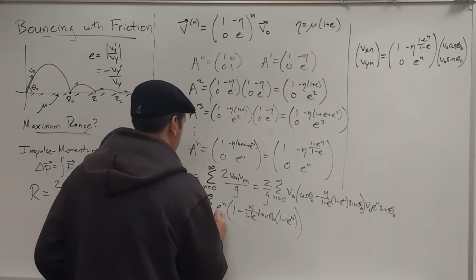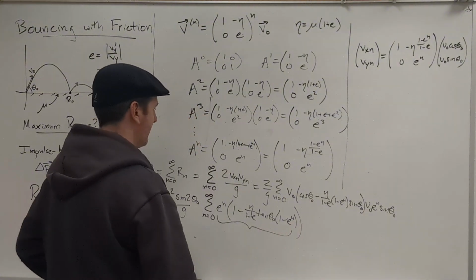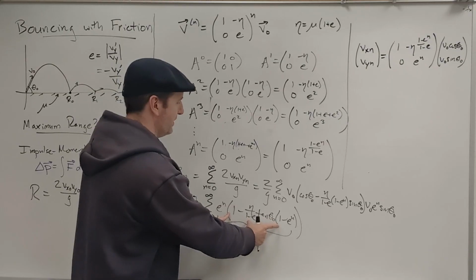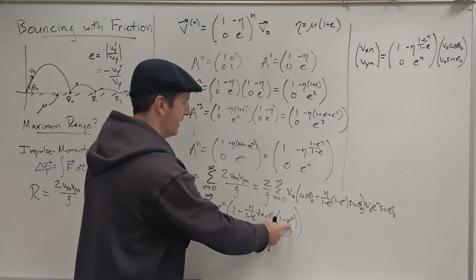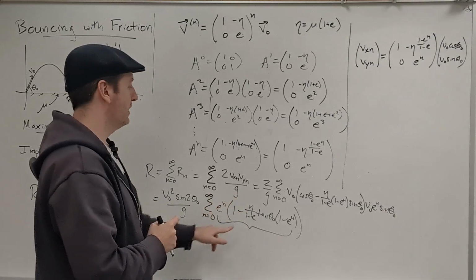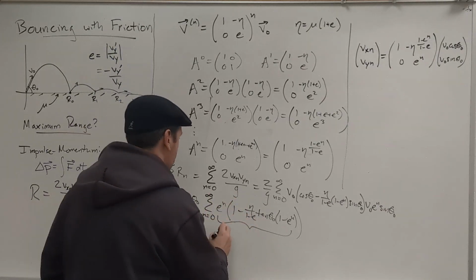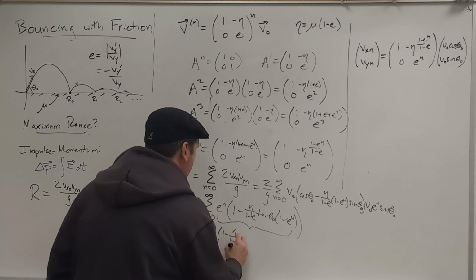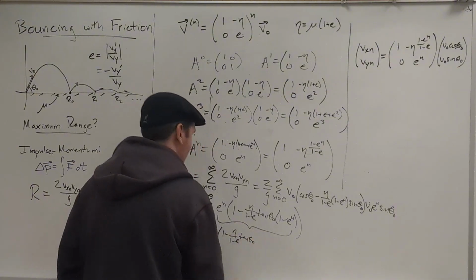But the bit that's inside the summand, or the summand itself, will be what? All of this stuff, not including that, is a singular constant, doesn't depend on n. So all of that will be some constant, 1 minus eta over 1 minus e tangent theta naught.